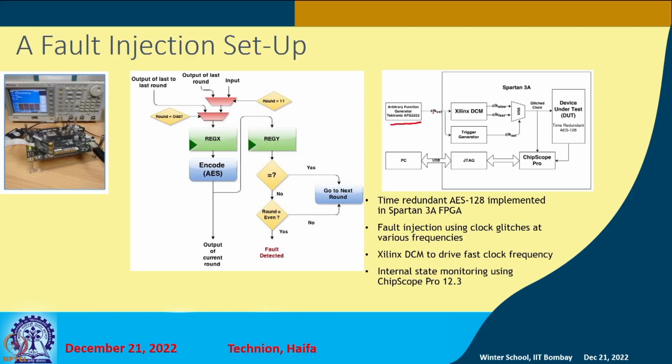You have a clock because this is a sequential circuit. So you would like to clock it once, twice, thrice, fourth, and so on till 10 times to get the eventual cipher text. At a suitable time, you should be able to inject a fast clock. The objective of the fast clock is that this design is supposed to operate at a given frequency. And if you overclock it, then there will be errors. Okay?